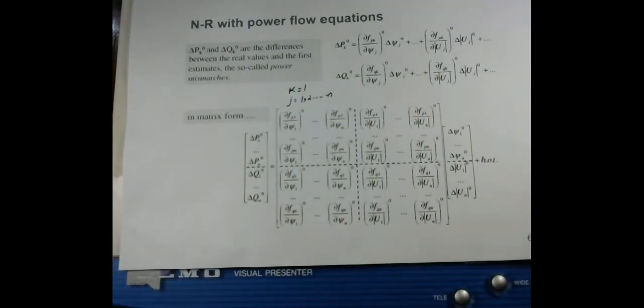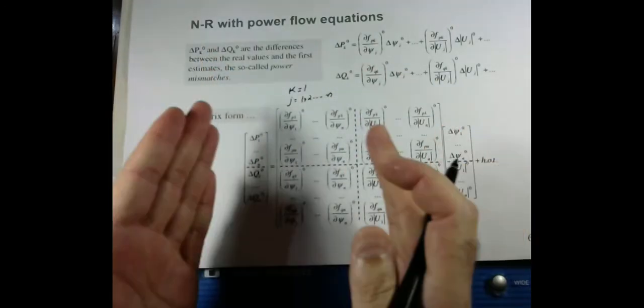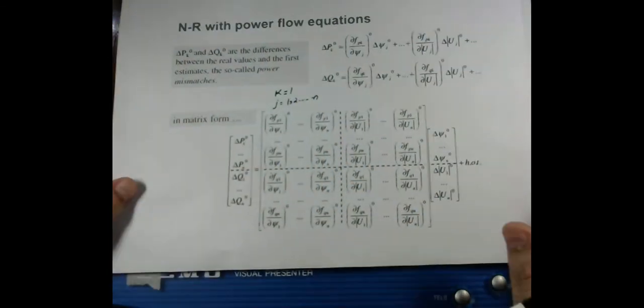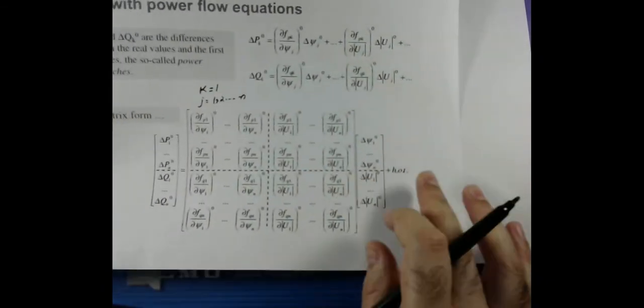Let me now talk about the other steps. We can write this general matrix form in a compact form. The compact form of this matrix representation will look like that.